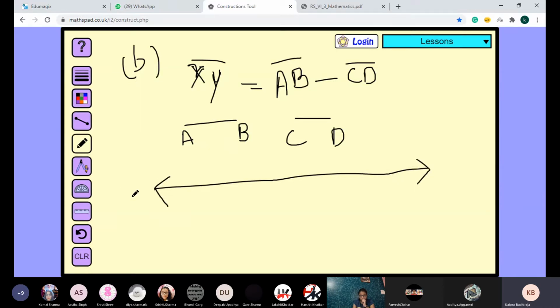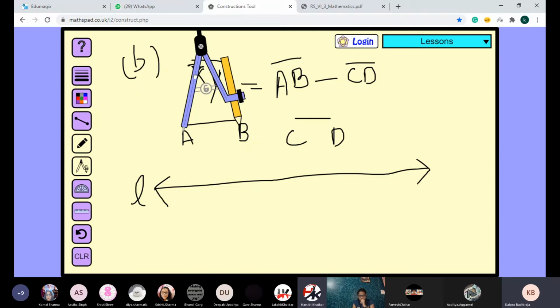Draw a long line of around 6 or 7 centimeters, and when you draw the line, arrows should be there. Now with the help of compass, measure AB, which is around 7.5.